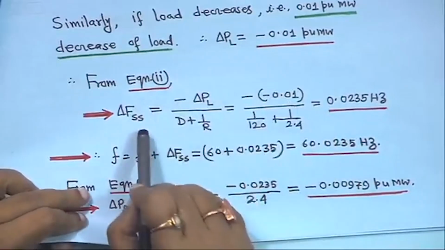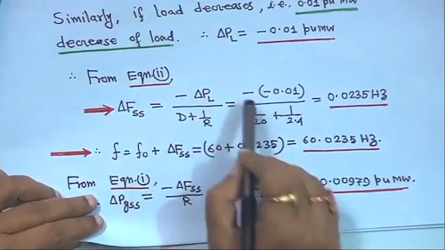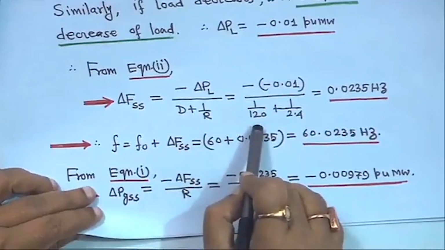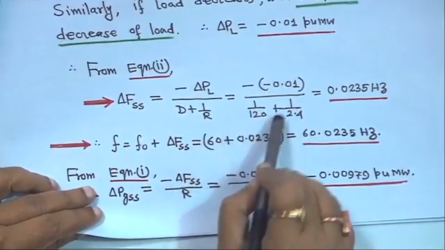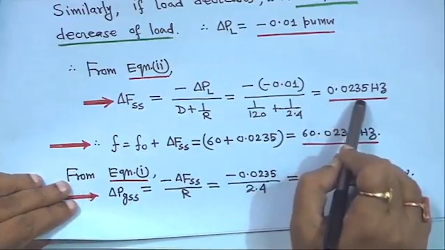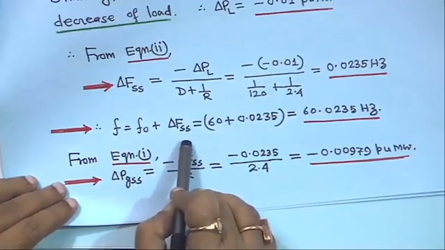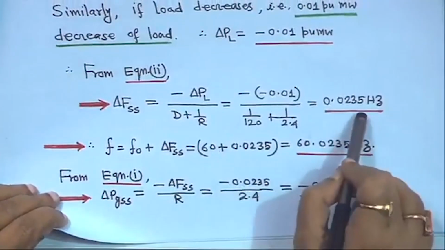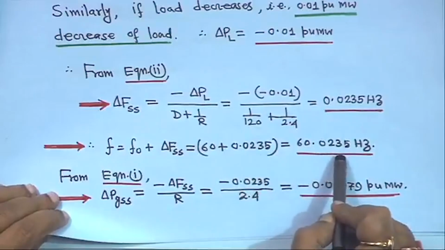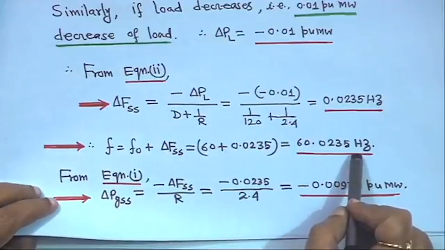That means from equation 2, delta FSS is minus delta PL upon D plus 1 upon R. So, it is minus of minus 0.01 divided by D, which is 1 upon 120, plus 1 upon R, R is 2.4. Simplify it and it will become plus 0.0235 hertz, right. So, F is equal to F0 plus delta FSS, so it will be 60.0235 hertz, just slightly above the nominal system frequency, right.